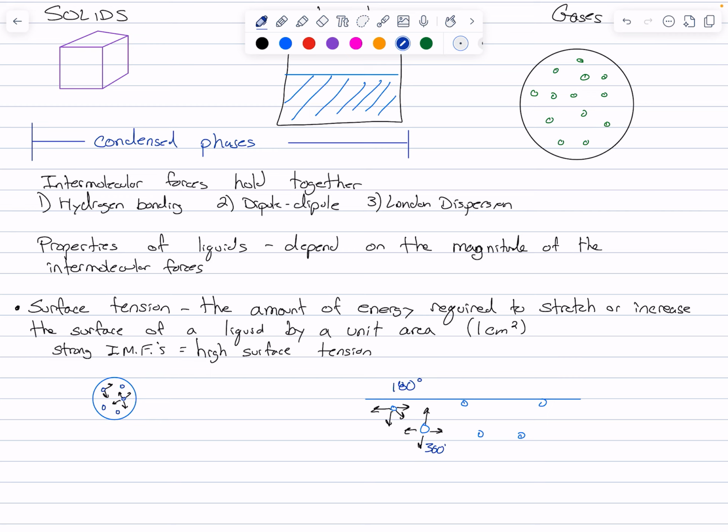And so that's why water is drawn into itself, because the ones on the surface are only being pulled, attracted into the surface. And since water likes itself a lot, strong hydrogen bonding, that's why it spheres up.